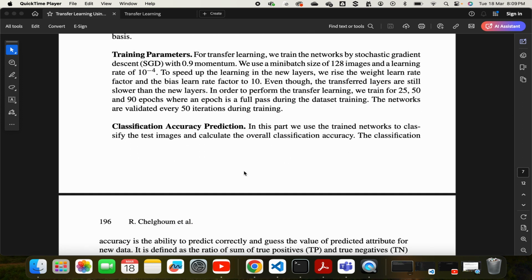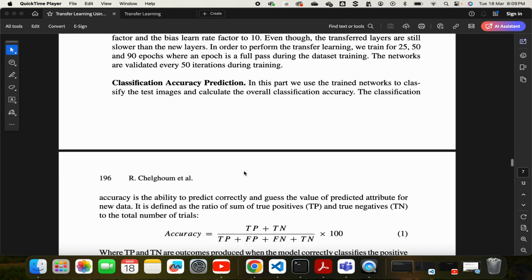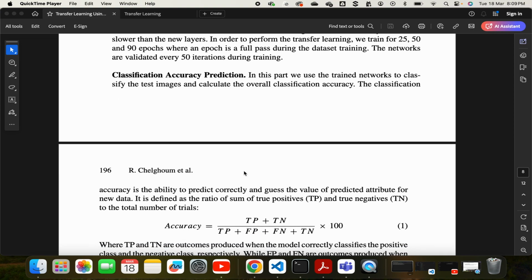For calculating the accuracy prediction, once the training was completed, the models were evaluated on a test dataset using classification accuracy as the primary metric.